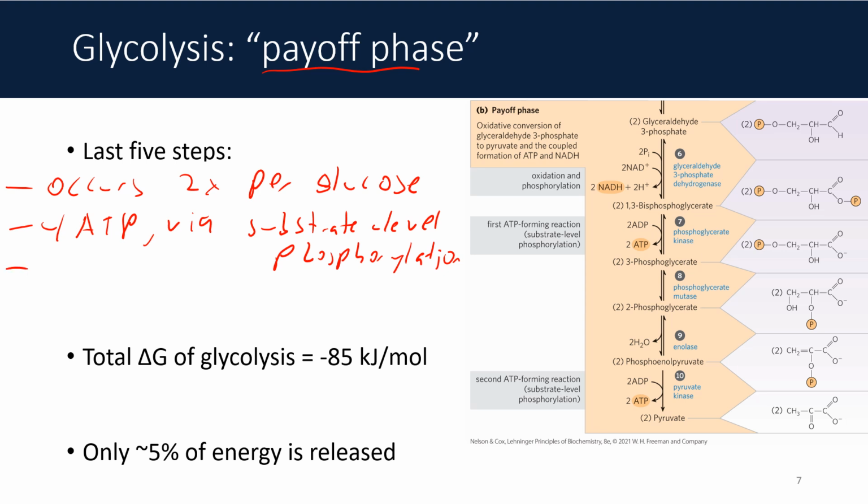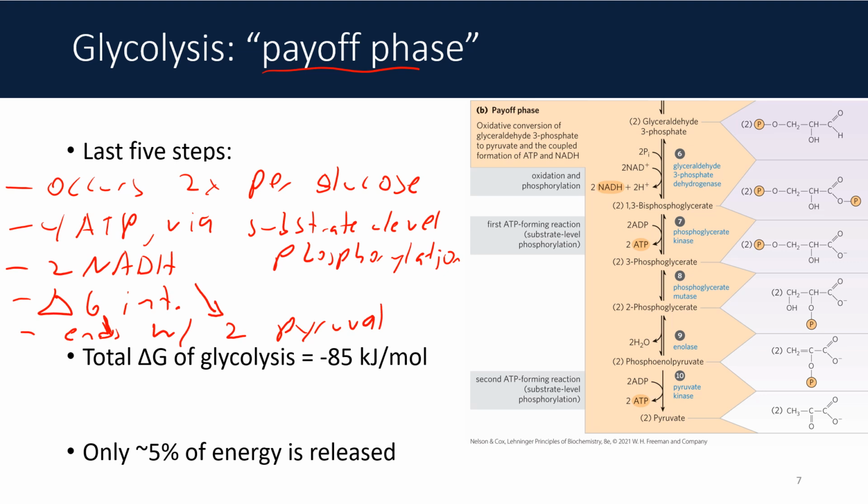Additionally, we will be making 2 equivalents of NADH. The delta G of the intermediates will be trending down. The products will become more stable as we proceed through the pathway. And that pathway will end with 2 pyruvates.